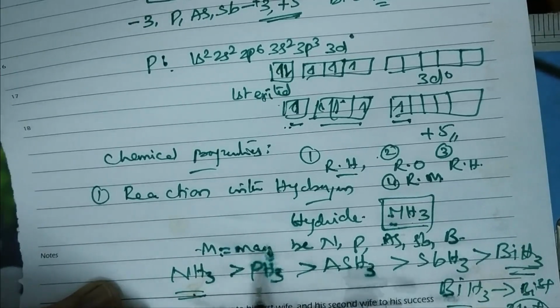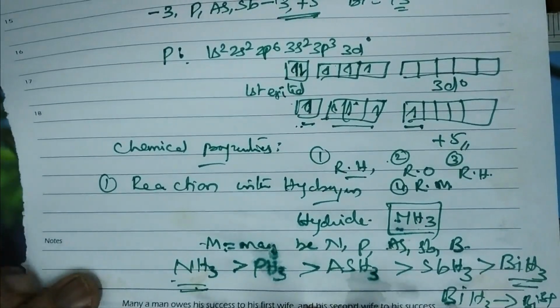Why does the stability of hydrides from ammonia to bismuthine decrease? The bond enthalpy between the 15th group element and hydrogen decreases. As the bond enthalpy decreases, dissociation occurs readily and the stability decreases. That is about the hydrides of the 15th group elements.